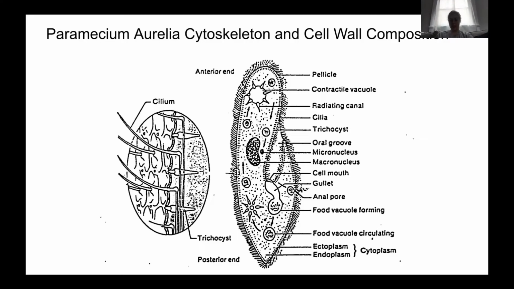Also, paramecium aurelia has pellicles, a colorless cell membrane. In the diagram I have given here, you can see the pellicle around the outside of the cell, and then the cilia coming out of it, which are the hair-like structures.